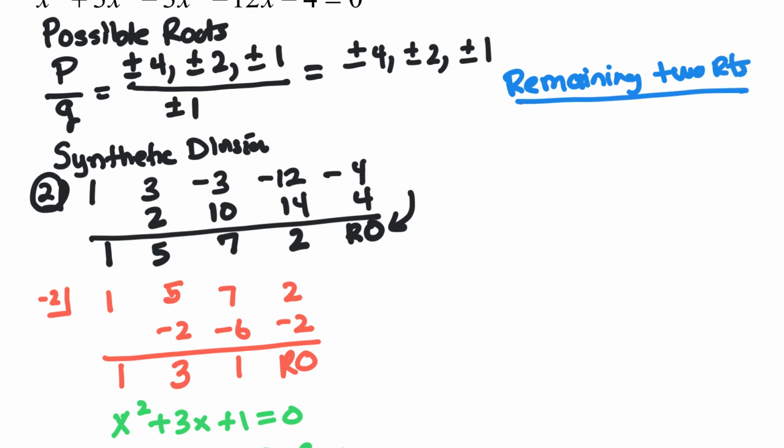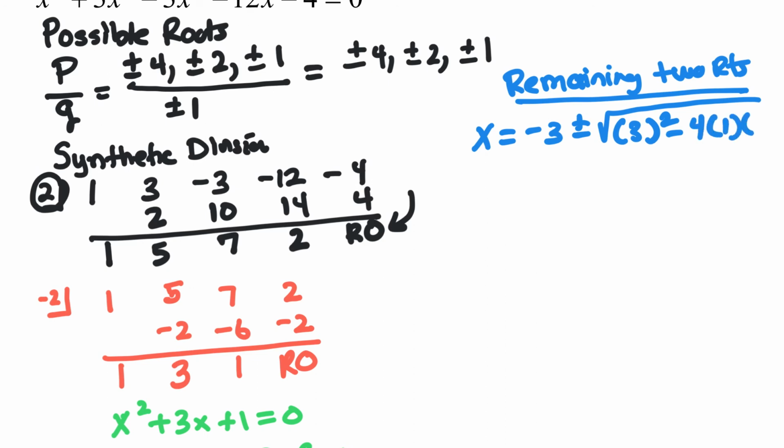I'm using the quadratic formula. So I have x equals negative b, in this case negative 3, plus or minus the square root of b squared, which is 3 squared, minus 4 times a, which is 1, times c, which is 1, divided by 2 times 1, which is just 2.